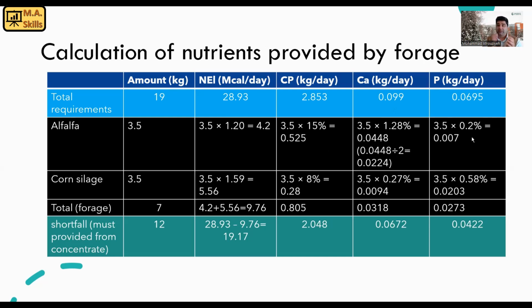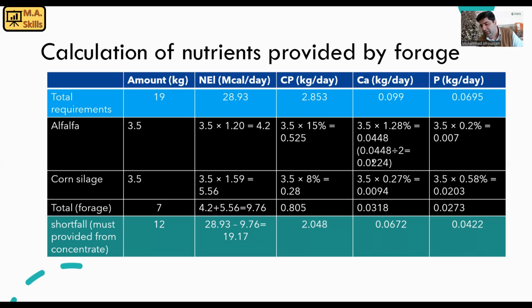Why? Because in alfalfa, calcium is presented as oxalate, and we know its availability is low in the digestive system. That's why we need to account for lower availability due to the presence of oxalate that binds to calcium and reduces the availability of calcium.